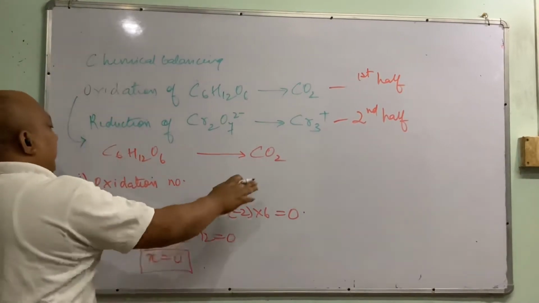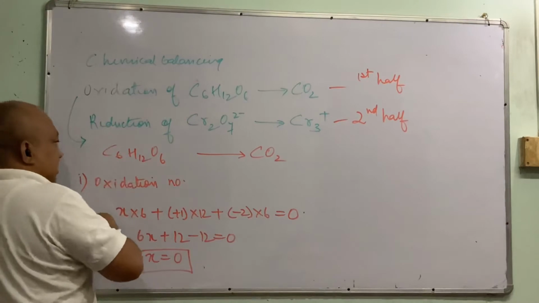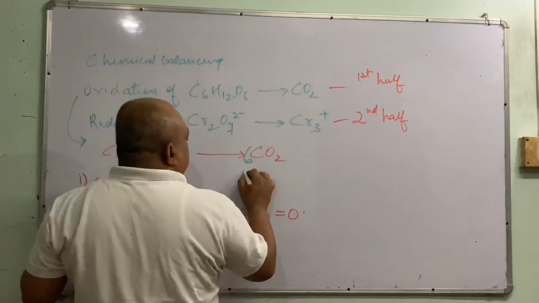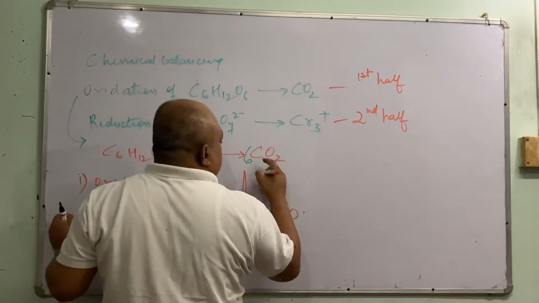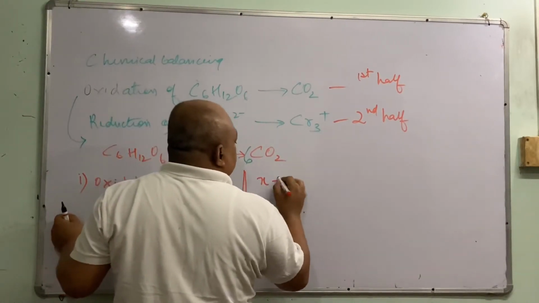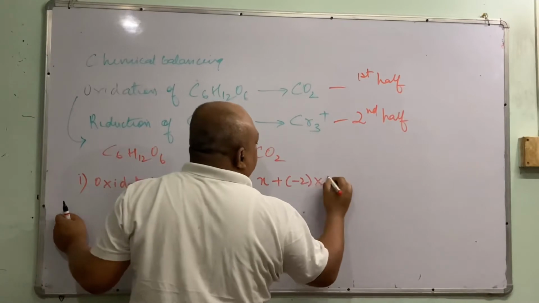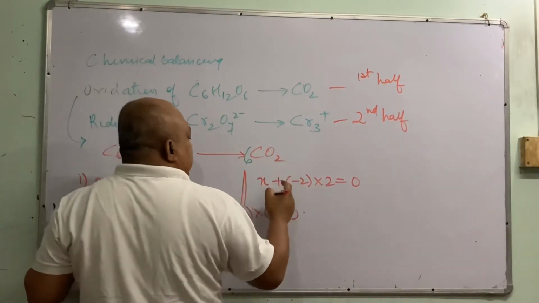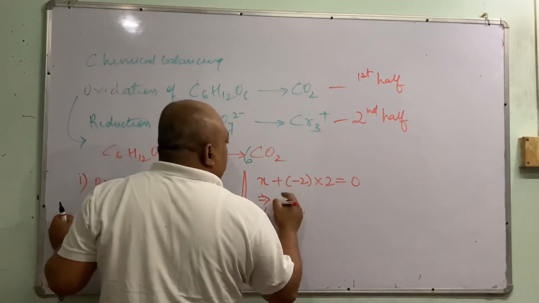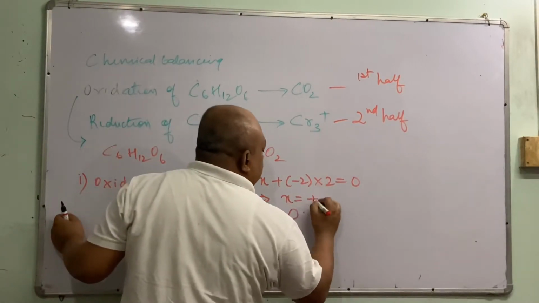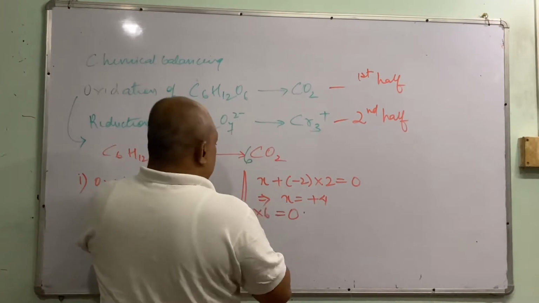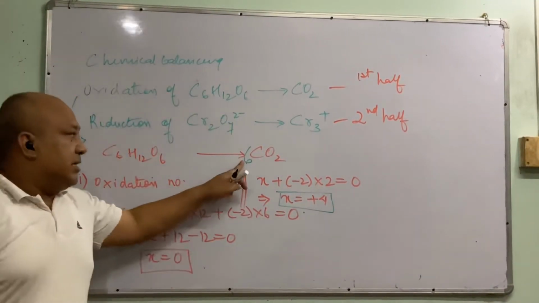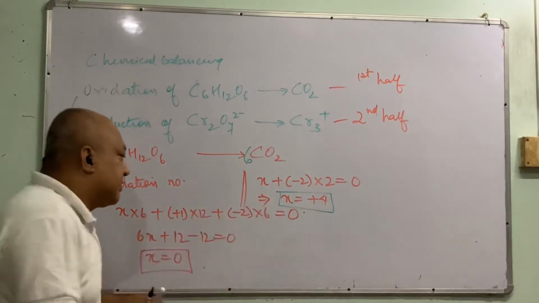For the right side, since 6 carbon is there, take 6 carbon dioxide. For this, there is x plus minus 2 into 2 is equal to 0. Oxygen is minus 2. This implies x is equal to plus 4. Since there are 6 molecules, there will be 6x.